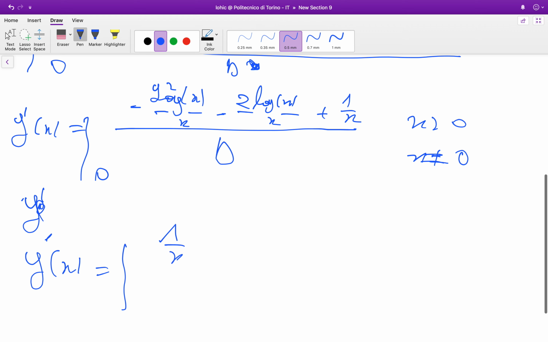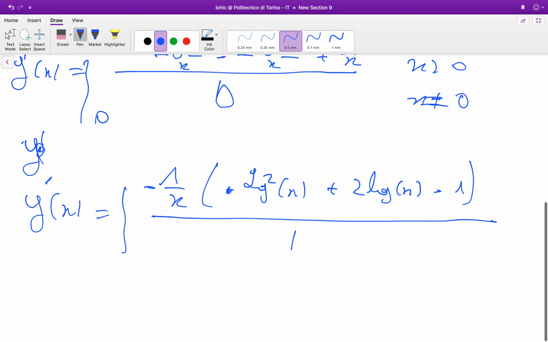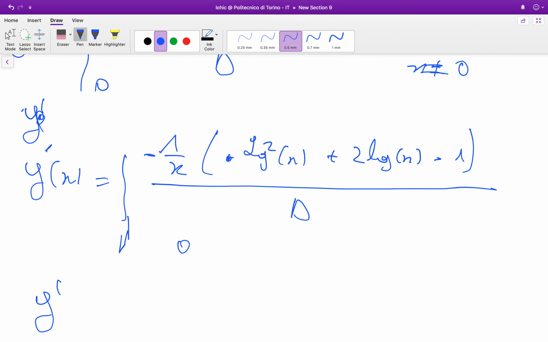It will become 1 over x factor of minus log square of x. Let me take minus 1 over x out, so it will become log square of x plus 2 log of x minus 1, all divided by the denominator, right? And 0.